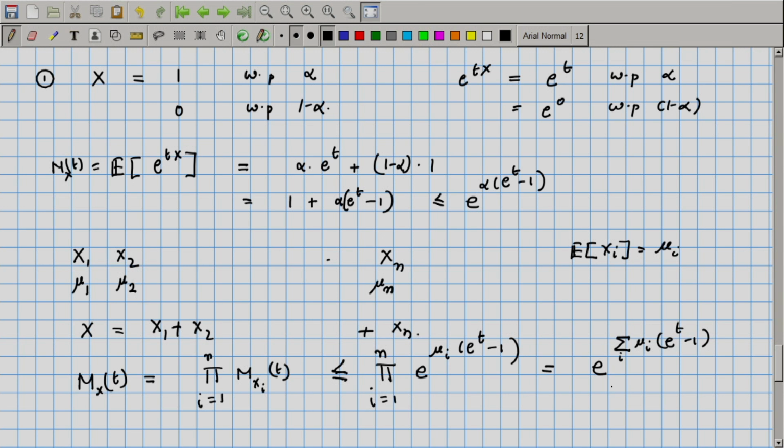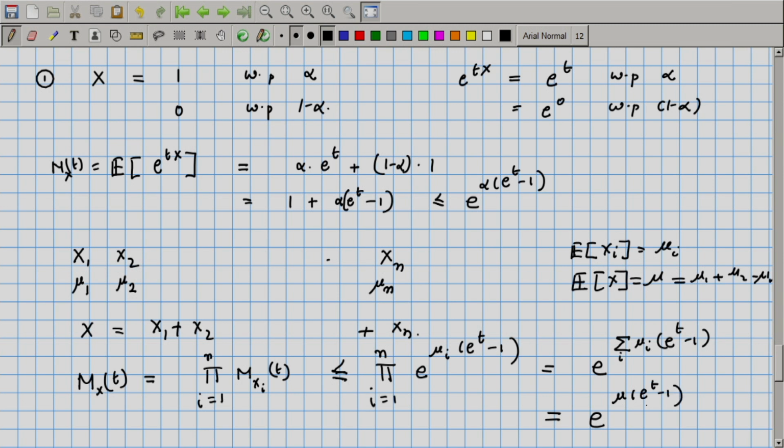And the summation of the individual mu i's will be equal to the mean of the entire random variable. So, if you denote the expectation of x to be mu, which is equal to mu 1 plus mu 2 up to mu n, then this will be equal to e raised to mu times (e raised to t minus 1).